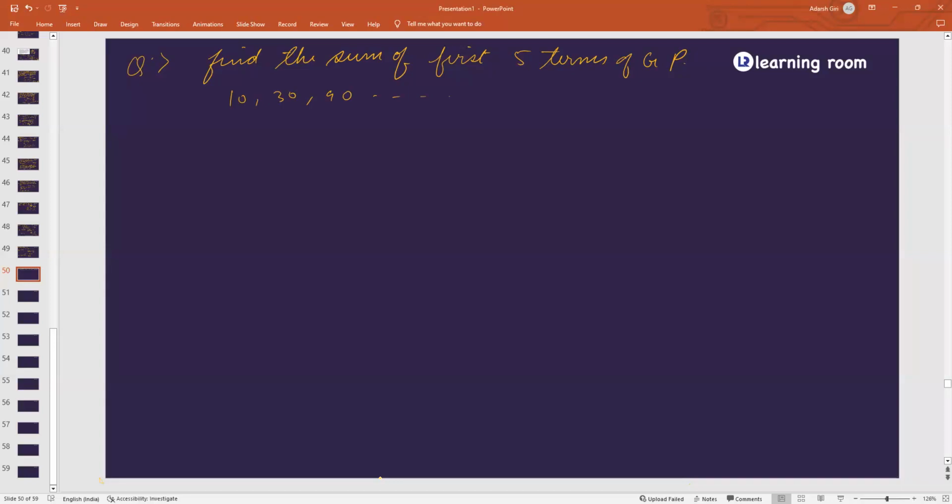Exactly, because this is not an AP, this is a GP. What you are saying is that the common ratio is not the same. How? Did you divide 30 by 10? Is it not equal to 90 by 30? Is it not equal to 3? Now solve it.